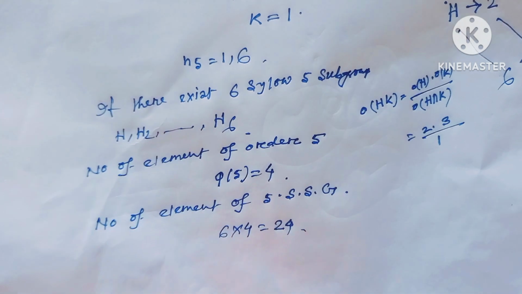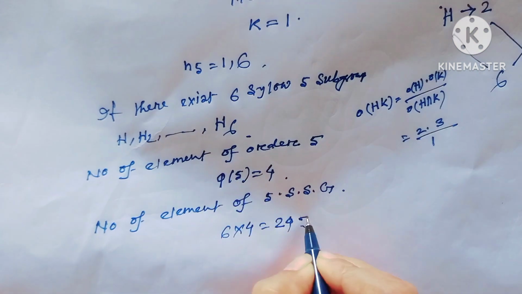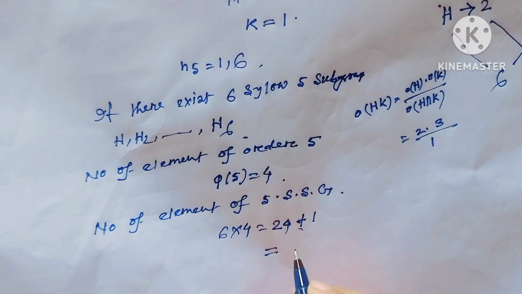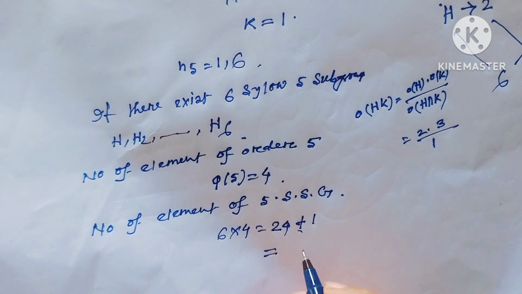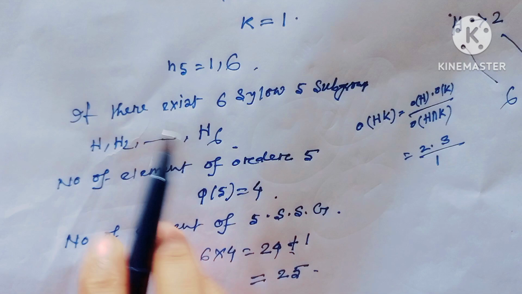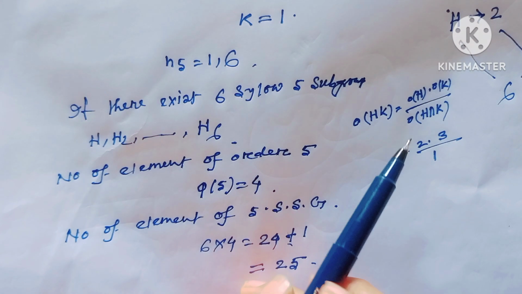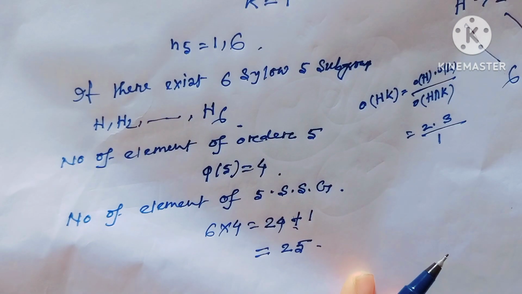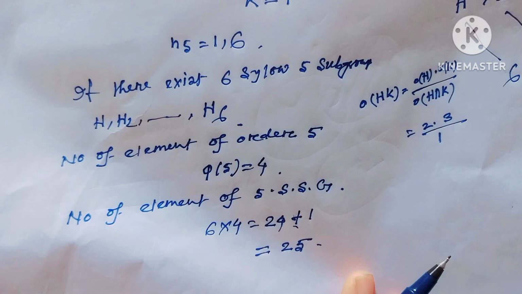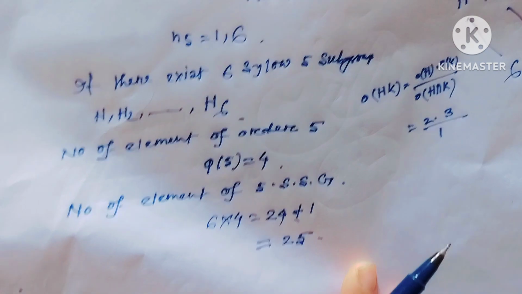This is common in each subgroup. So the number of elements is 24 plus 1, which is 25. That means if there exist 6 Sylow 5 subgroups, then the number of elements of the Sylow 5 subgroups would be 25.